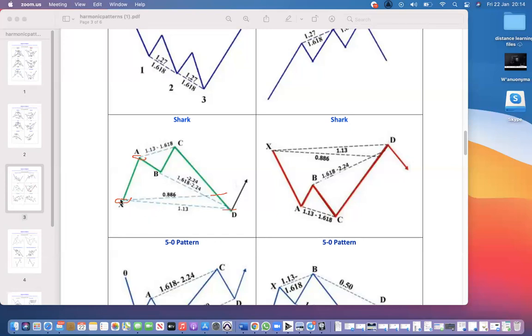That means if I pull another fib from the X area, let's change the color to blue, from the X area to the C, then I expect my D to be either 0.886 or 1.13. And between this box will be my entry zone for a shark pattern.